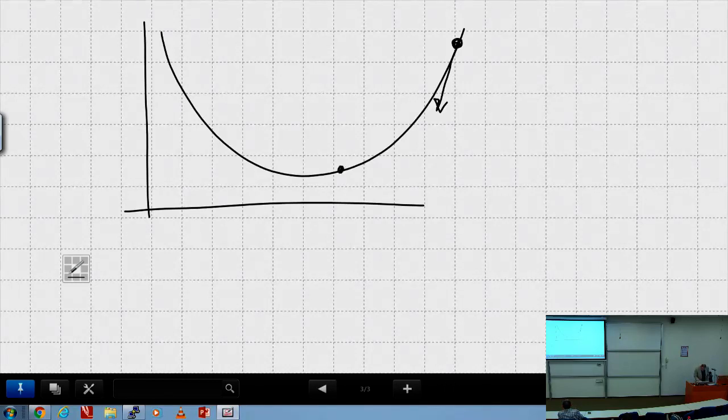But as I get closer and closer to the minimum, which is here, the gradient itself gets smaller because the slope is less. In fact, at the minimum, the slope is 0, right? So the gradient itself is getting smaller and smaller. Even if you don't slow yourself down by reducing the learning rate, your step sizes are going to automatically go down if you're optimizing a function like this.